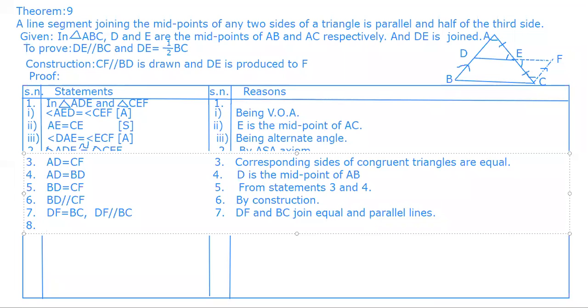Now from here we can write DE and BC are parallel. Look here, if DF is parallel to BC, then DE is obviously parallel to BC.